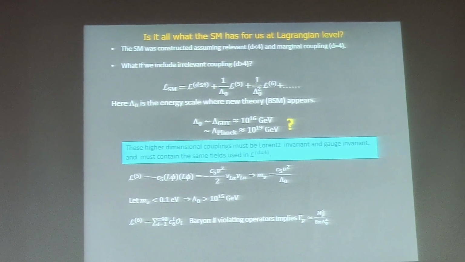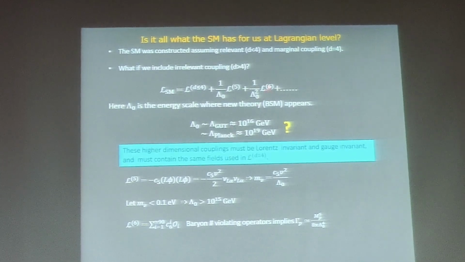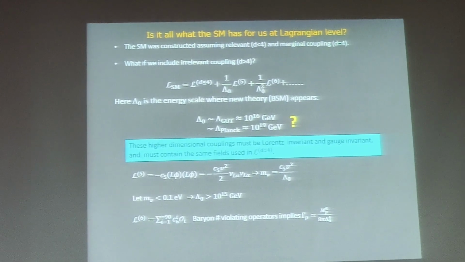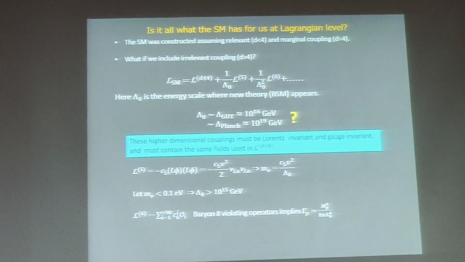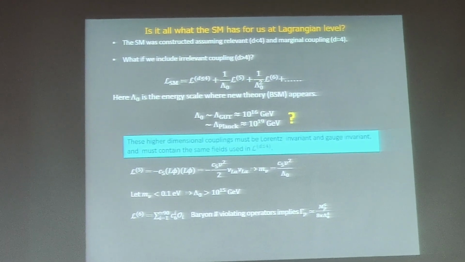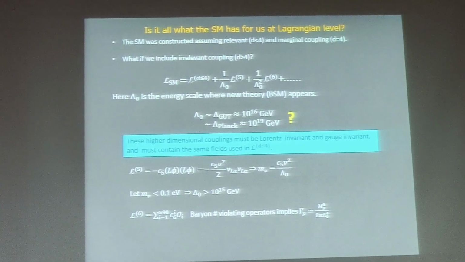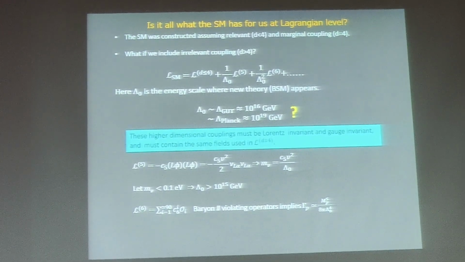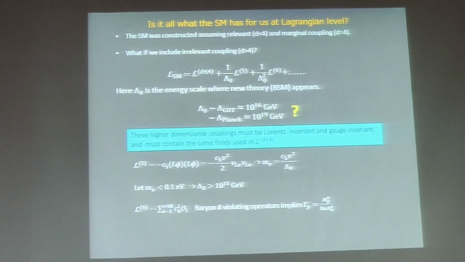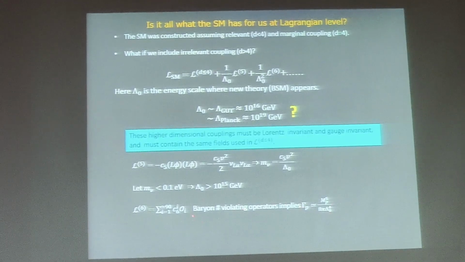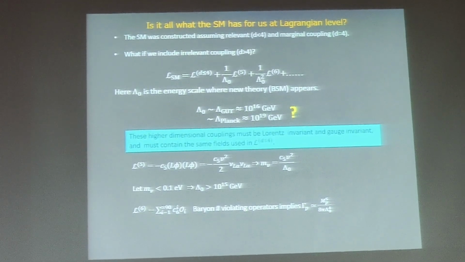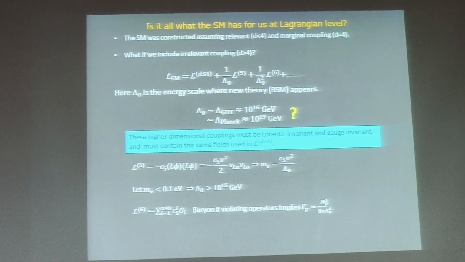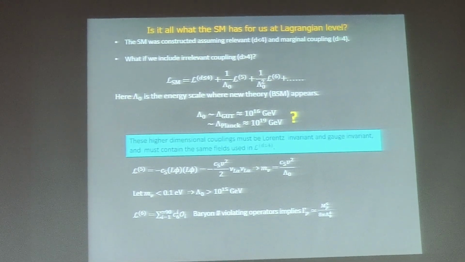And something similar is obtained when you go to 6-dimensional interaction terms. In this case, we have 90 interaction terms, and some of these violate the baryon number. Because of this baryon number violation, the proton can decay. If we calculate the decay constant of the proton from the terms which violate the baryon number, we find that it is inversely related to the fourth power of the scale factor.